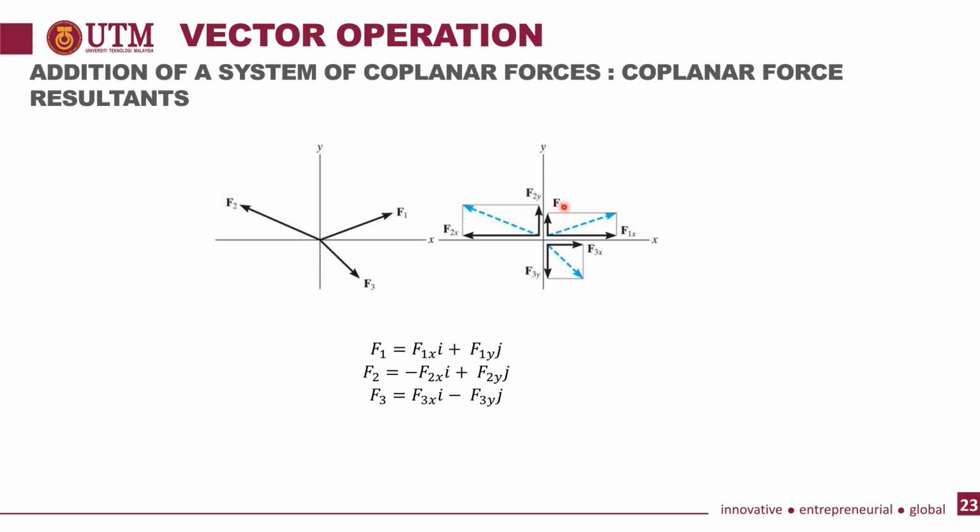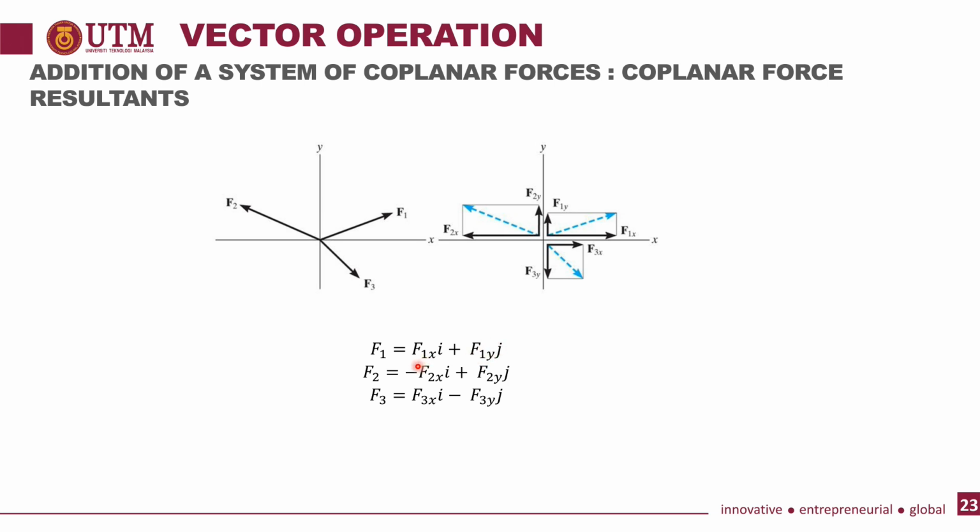Okay, so you can see here you have F1y here and F1x here, and this is F1, your resultant force F1. So F1 equals F1x, for x we have i, plus F1y, for y you have j.